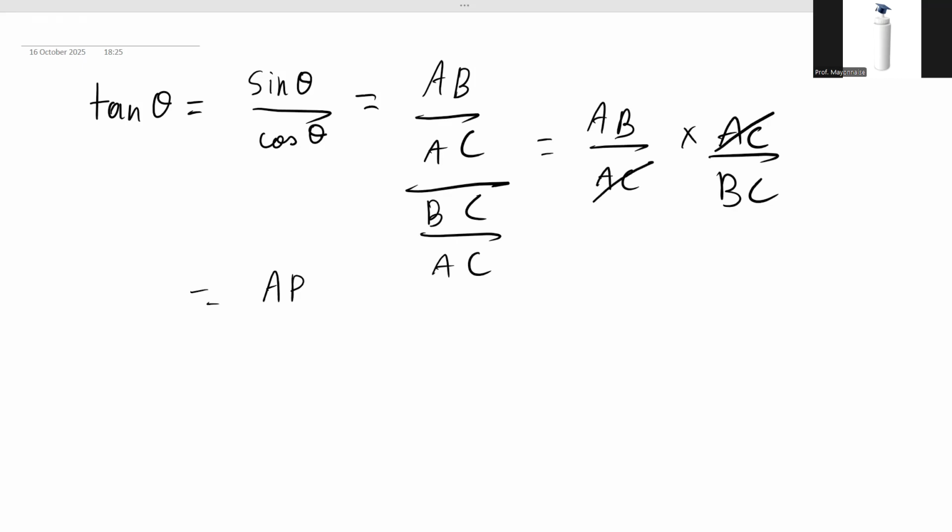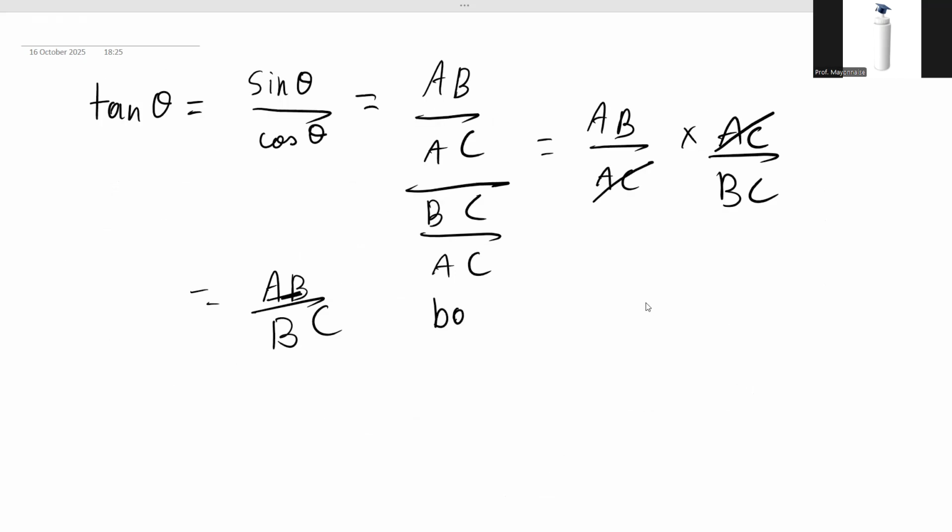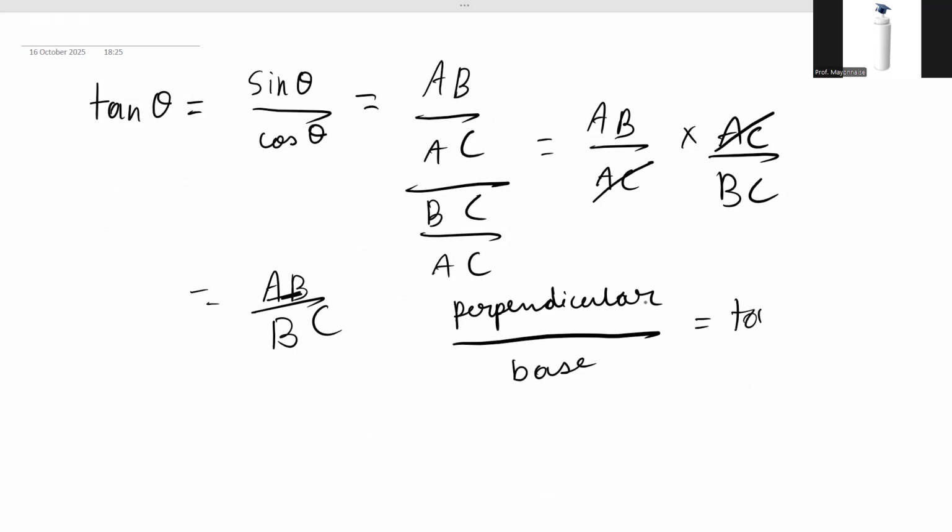So you've got AB by BC. What do we see AB as? AB is our perpendicular and BC is our base. So from here, we get perpendicular divided by base equals tan theta.